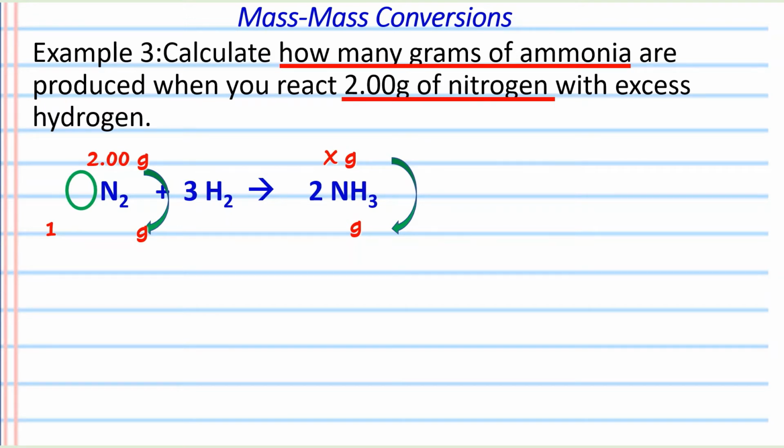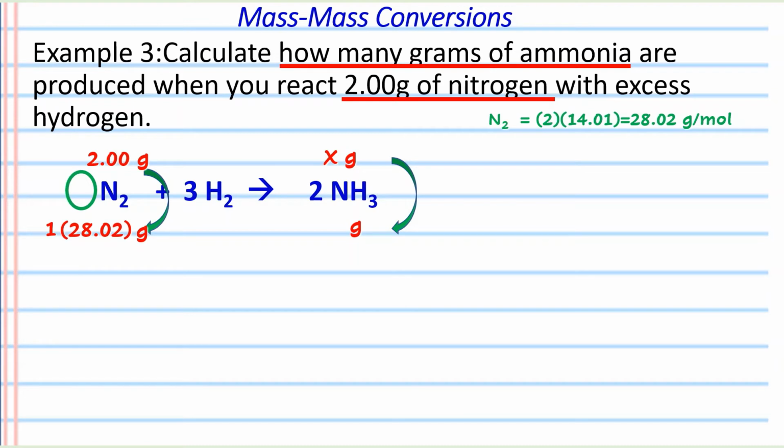And if you remember, we look on the periodic table. Since there are 2 nitrogen in that molecule, we're going to multiply its atomic mass by 2, and it would be 28.02 grams per mole. So that 28.02 is going to go in the denominator, because we can see that the equation is telling us there's 1 mole of N2, and we know that 1 mole would be 28.02 times 1.